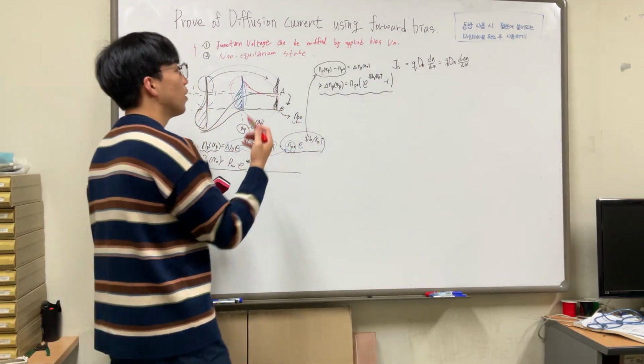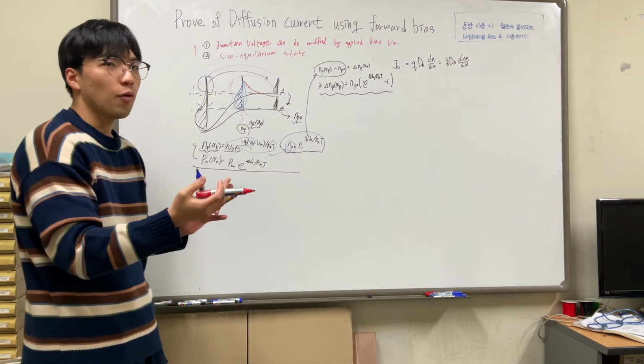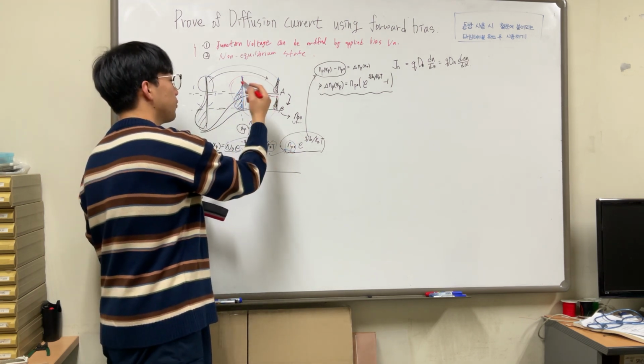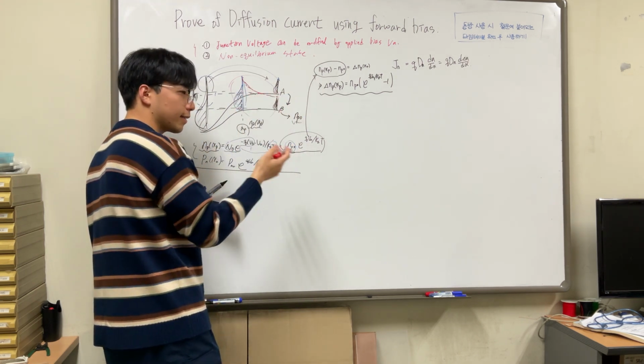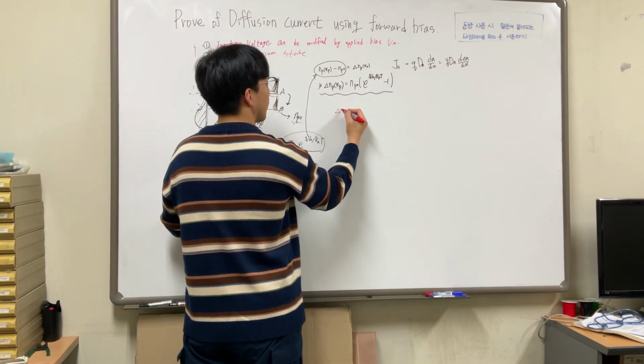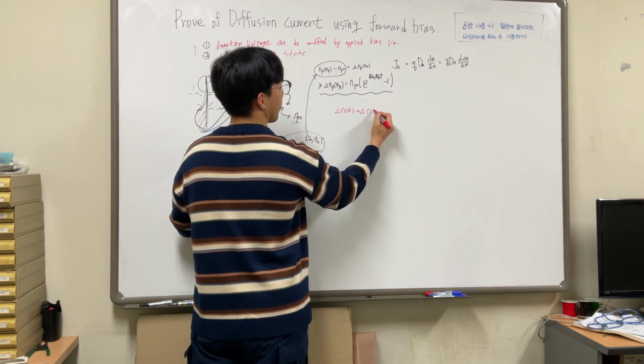If we want dn, we have to know the diffusion length, Ln. How do we get the diffusion length? There is an equation.